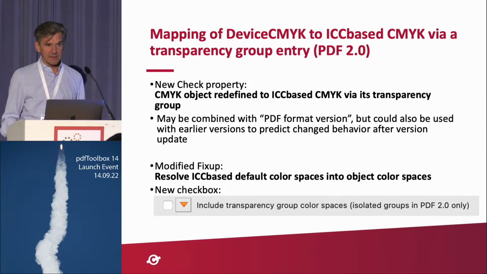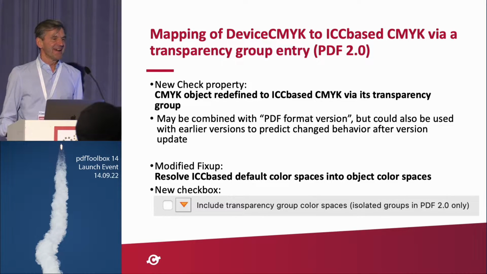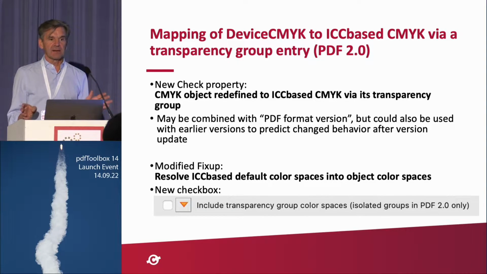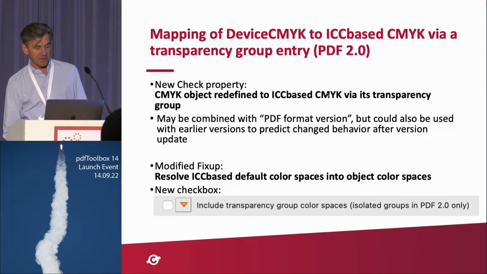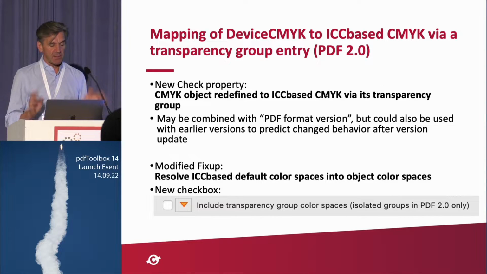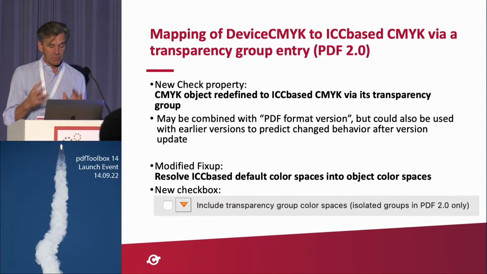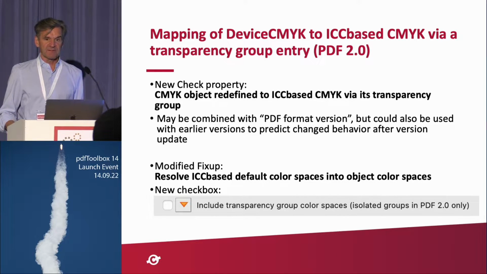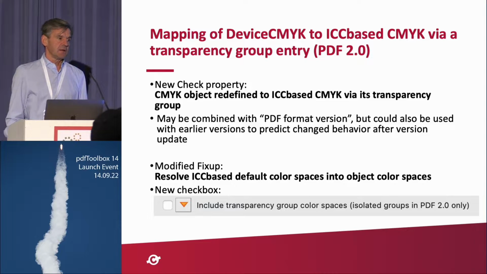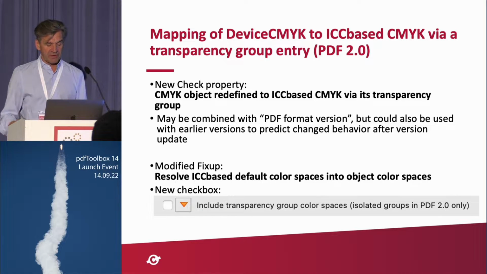It's a complicated name, and maybe it's too complicated for this hour, but if you start to deal with PDF 2.0, at one point it may be important for you to understand that you have the ability to double check whether there are any CMYK objects that would be converted to ICC-based CMYK just if you would convert that file to PDF 2.0.